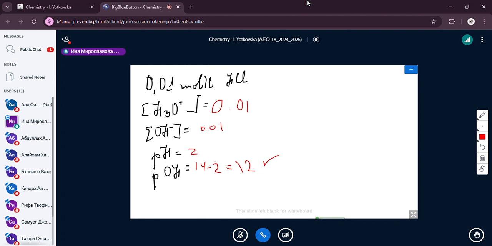Okay, but I have one question. How, from hydroxyl anion with concentration 1 multiplied by 10 raised to the power minus 2, do you obtain pOH 12? This is not true.